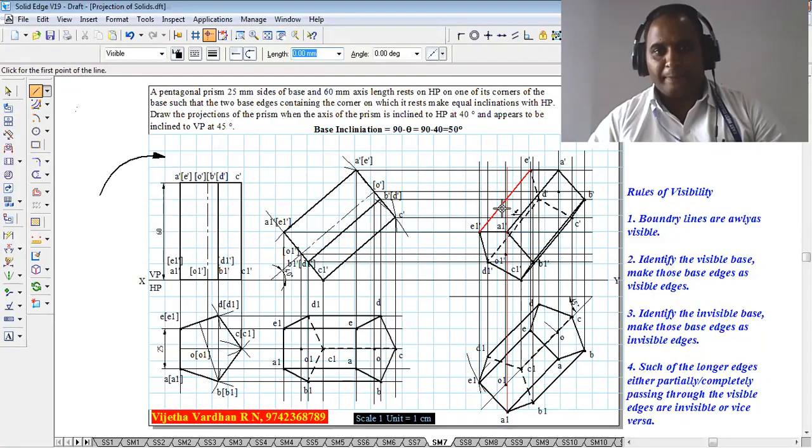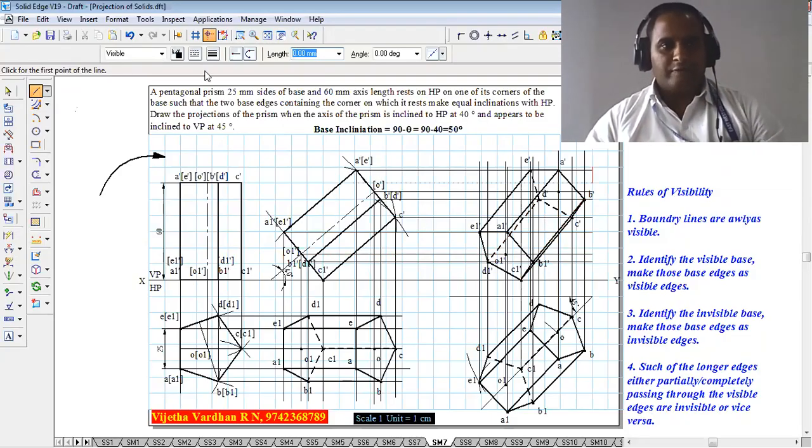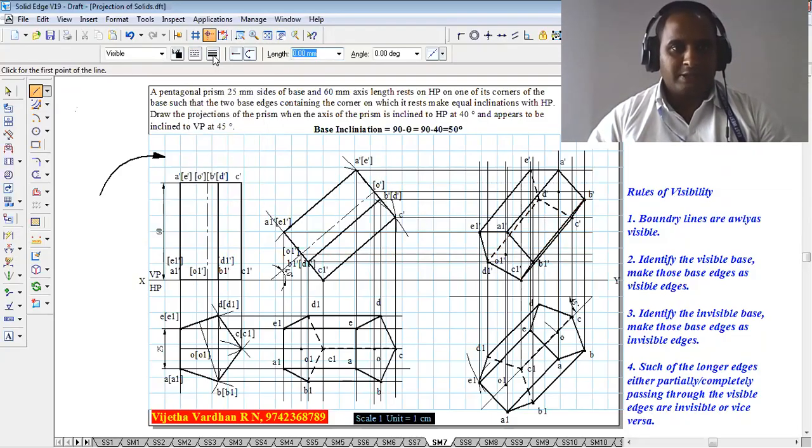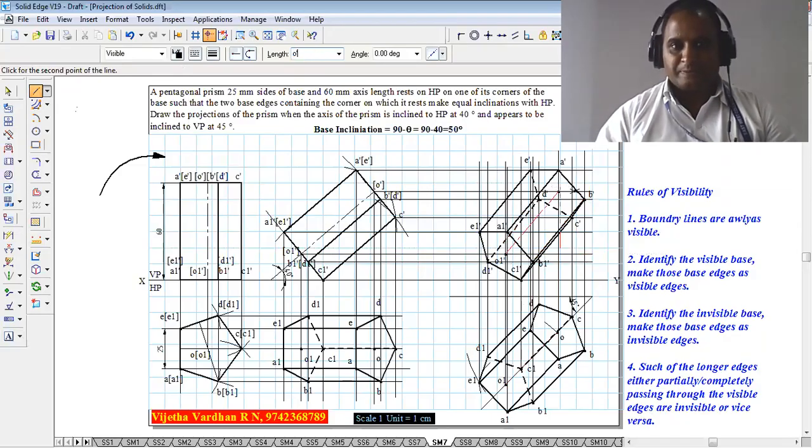And you can see the remaining 2 longer edges EE1 and BB1 form the boundary. Henceforth, they are always visible. Last but not least, you have to represent the axis, that is, connect O dash to O1 dash properly like this. Now one can say that the problem is completed in all aspects.